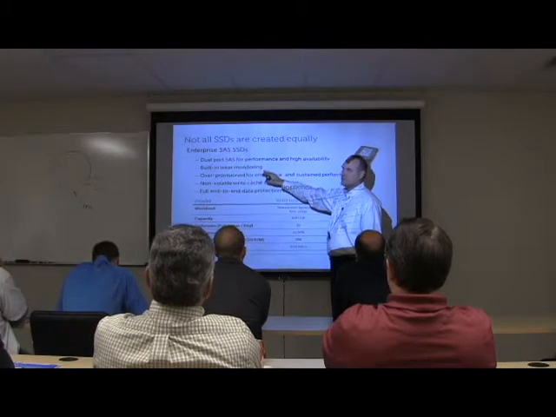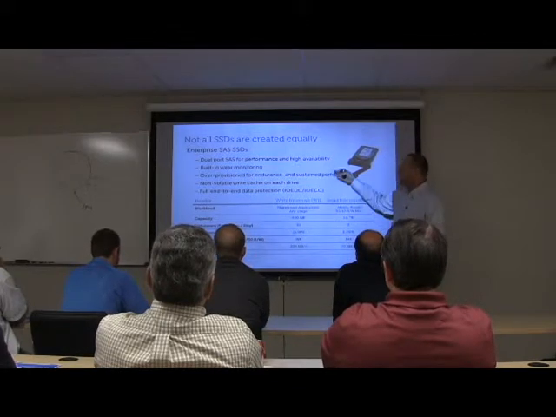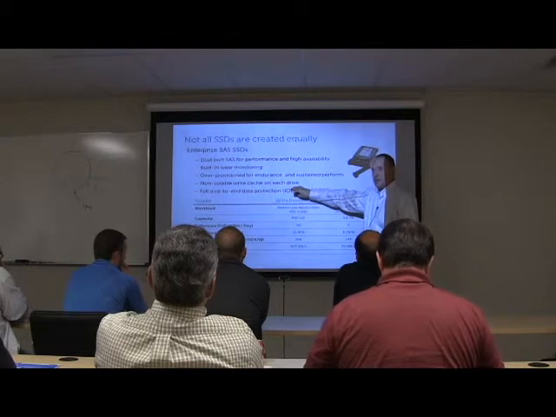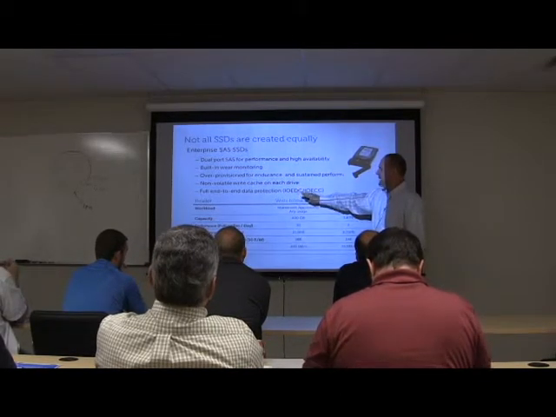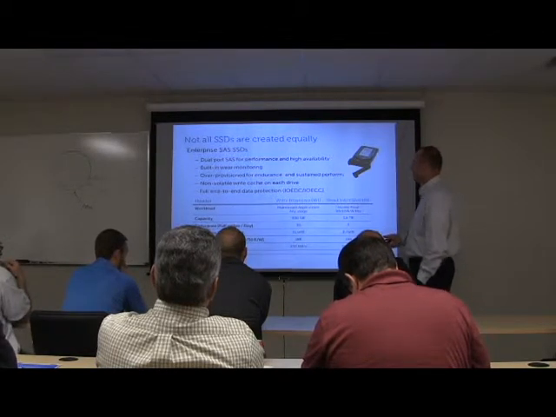So you better have some sort of way to monitor that wear. There's the over-provisioning that we had talked about, a little bit of non-volatile cache on each drive, and full end-to-end protection with error code corrections.